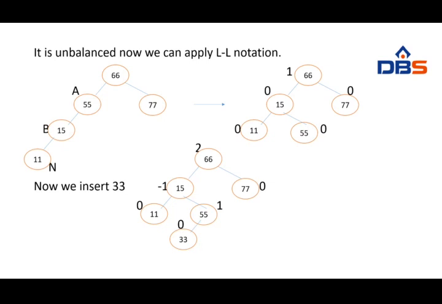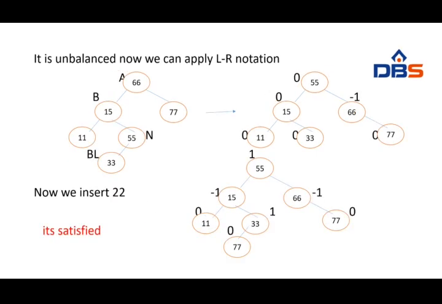Then go to 66. Left is 3 and right is 1, so 3 minus 1 equals 2. Whenever it comes to 2, it is called unbalanced. Now we can apply the left-right rotation. A is assigned 66, B is 15, N is 55, and 33 is BL. There is no right child.